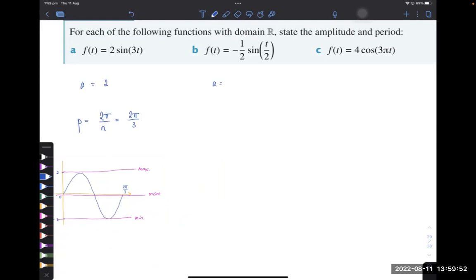So your amplitude here is always positive, yeah? It's always positive. Just remember that the negative there is just a reflection in the x-axis. So amplitude here is 1/2 in this case. What's your n value?